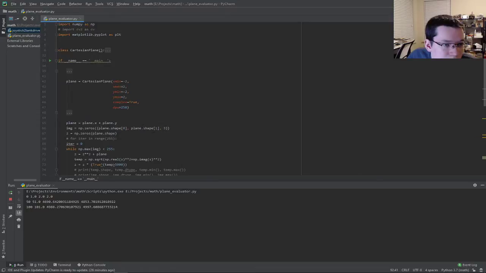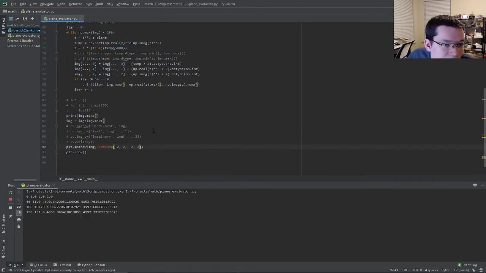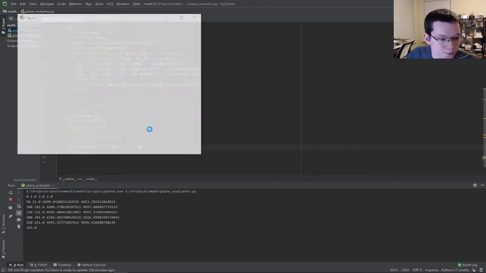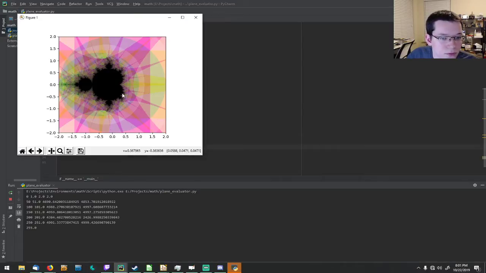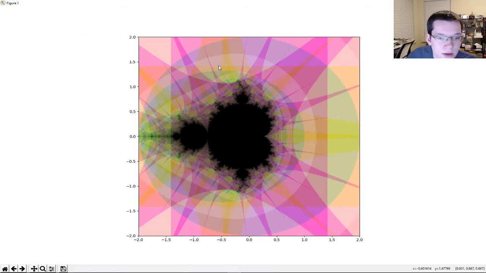A smarter man would have had it pre-generate it, save it, and then load it back up so that I didn't have to regenerate it every time. But it's fine. Yes. Here we go.